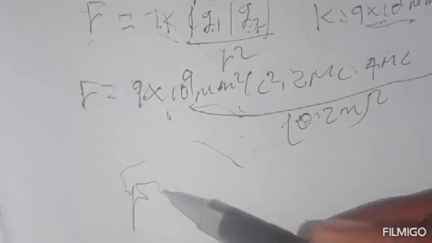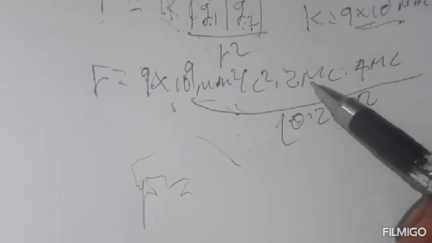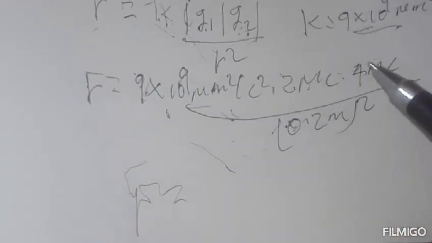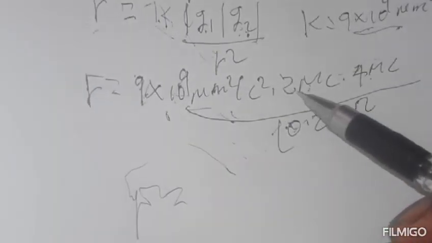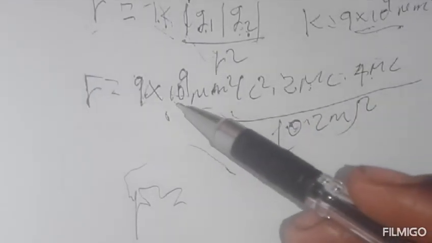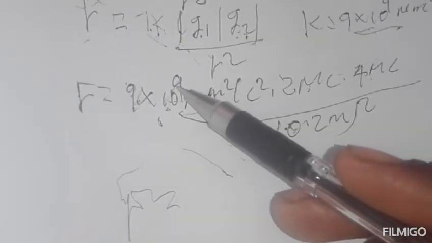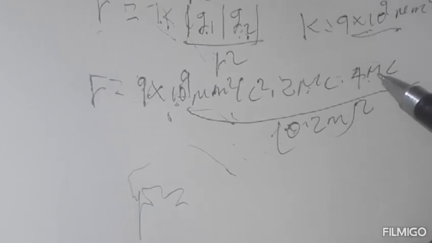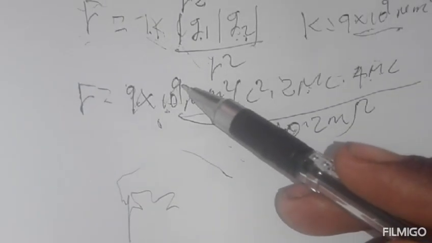Then after, the magnitude of the electrostatic force: micro means 10 to the power of -6. 10 to the power of -6 times 10 to the power of -6, the base is the same, so you have to add the exponents. 10 to the power of 9 plus -6 plus -6, that is -12 plus 9, minus 3.